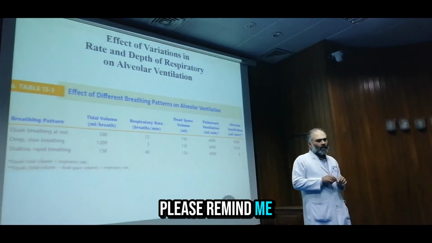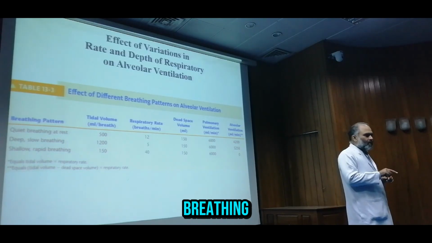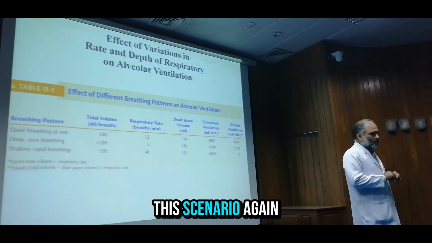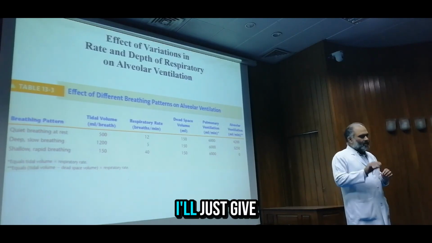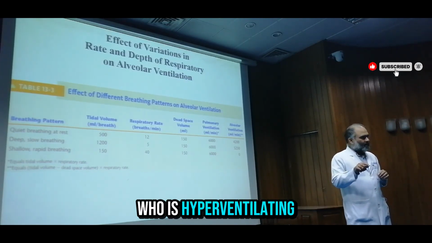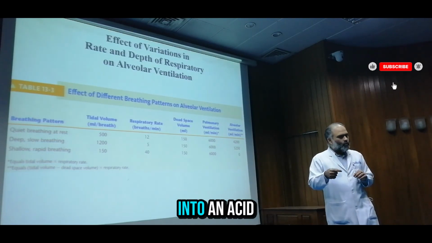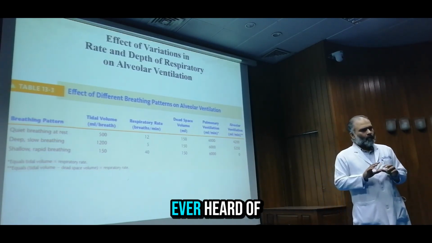Please remind me that when we cover regulation or control of breathing, we will discuss this scenario again, but with a different twist. I'll just give you the keyword: a person who is hyperventilating like this can actually go into an acid-base problem. Ever heard of it?